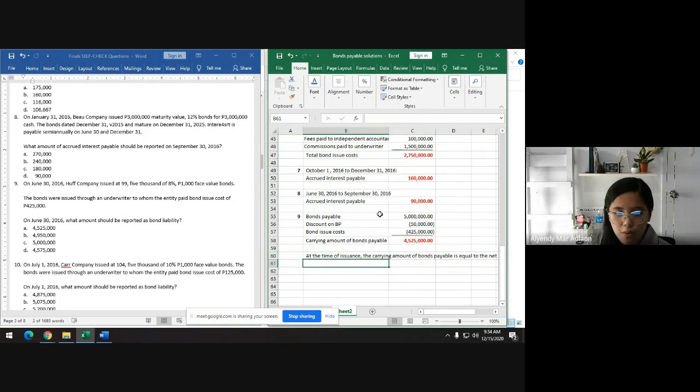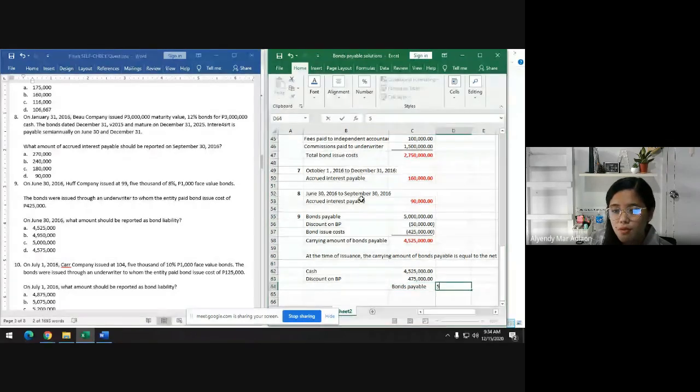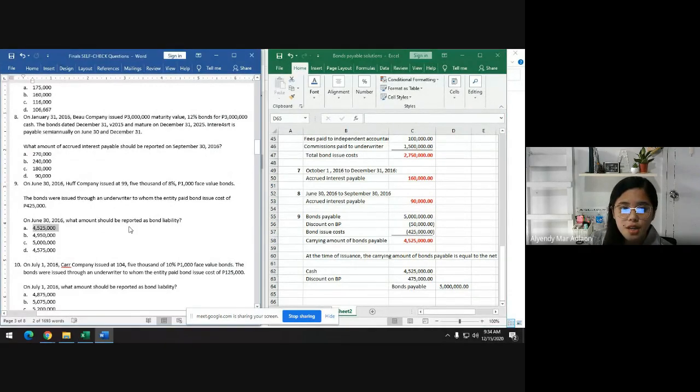So, when we make our journal entry: debit cash of 4,525,000. Debit discount on bonds payable, of course not just the 50,000, but also the bond issue cost of 425,000. And credit bonds payable of 5 million. Okay, so this is our journal entry for number 9. Any question?